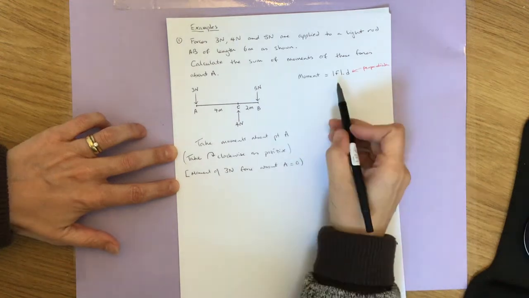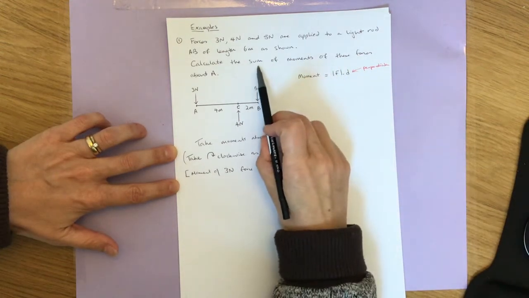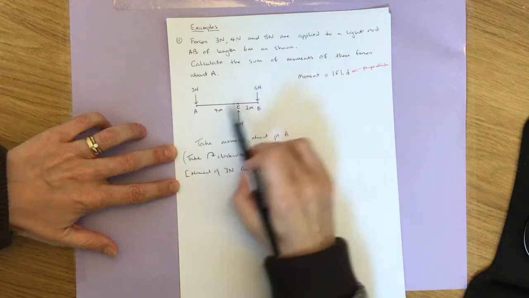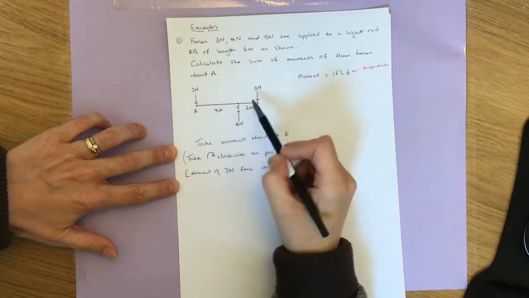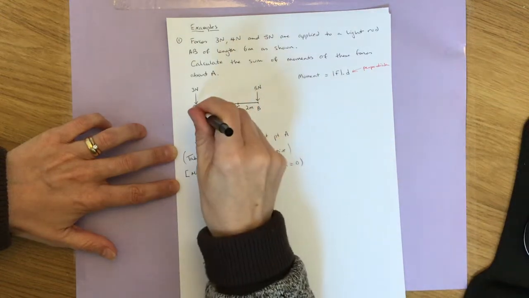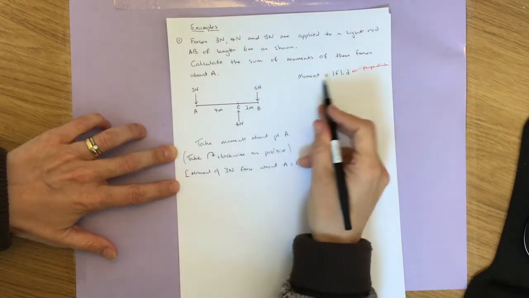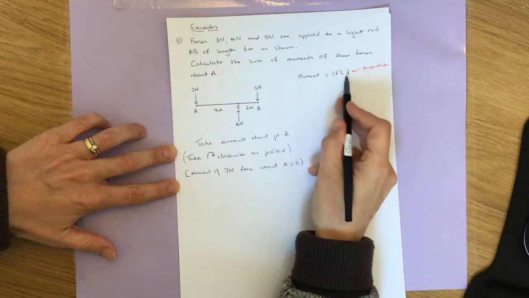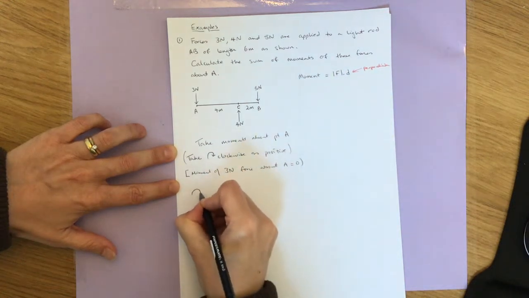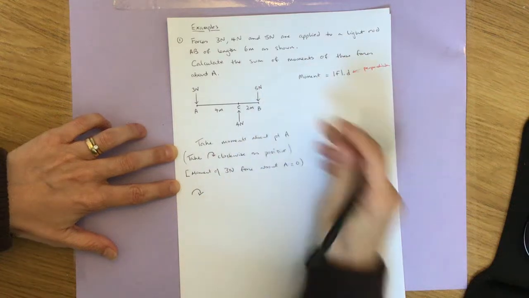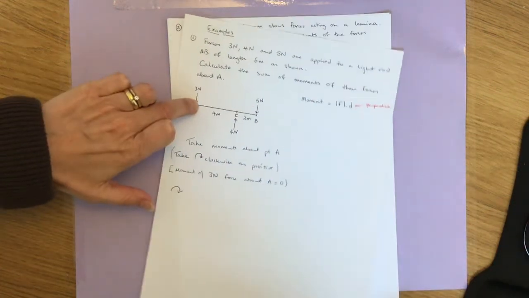Okay, so let's have a look. We want the sum of the moments, and this is basically going to give us the resultant moment. Which direction, if all of these forces were acting at the same time, is this thing likely to turn about A if that was where our point was fixed? The moment's the magnitude of the force times the perpendicular distance. So if I think about clockwise first of all, this 5 newtons was the one that was going to turn us clockwise.